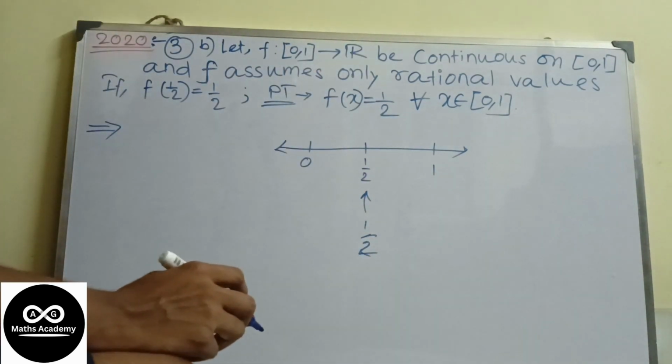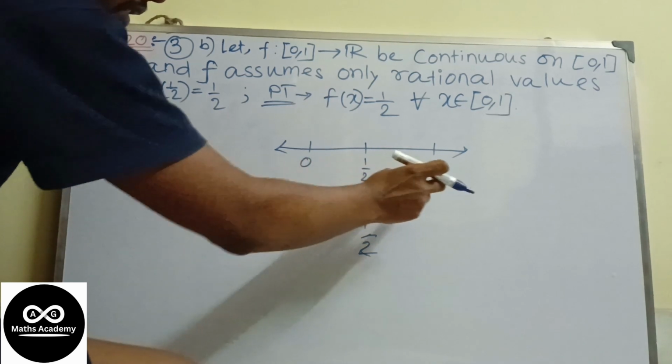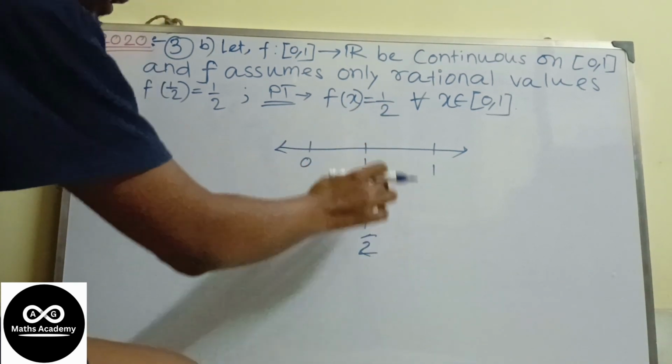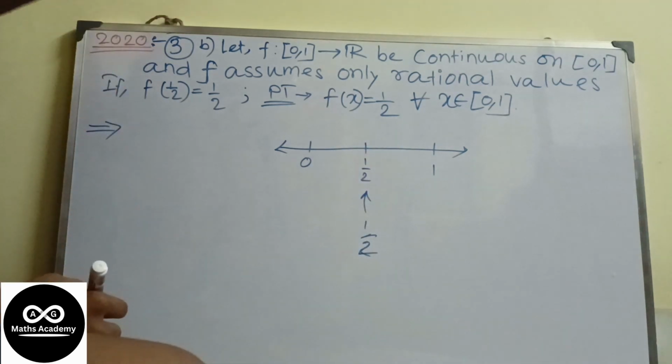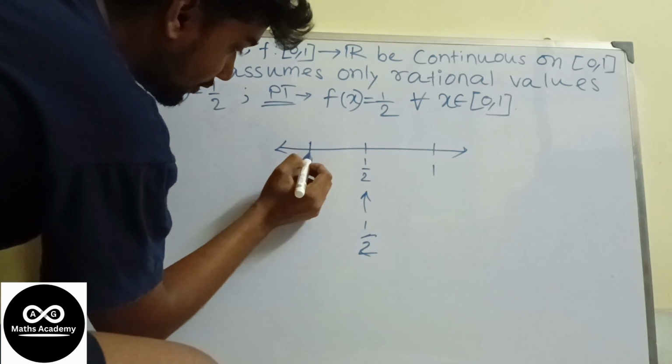Now we don't actually know what is f of 0, what is f of 1, or the other values except this one. This one is half.